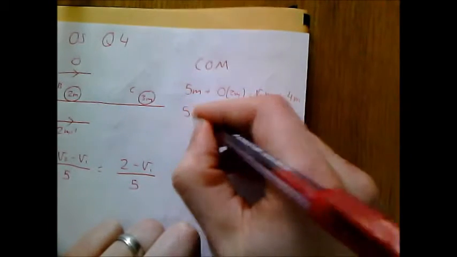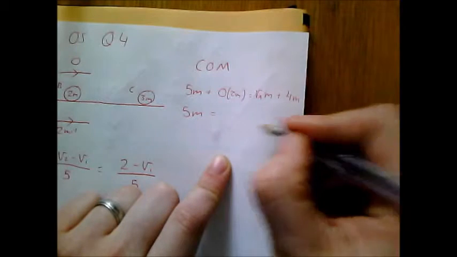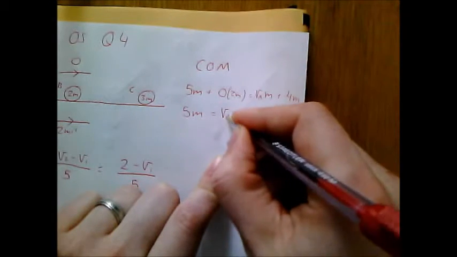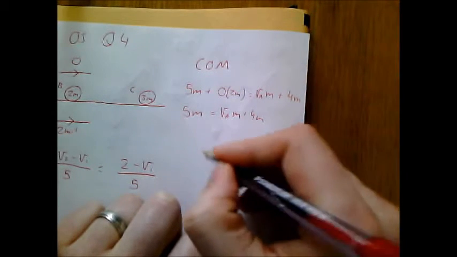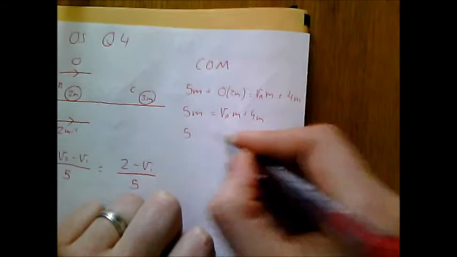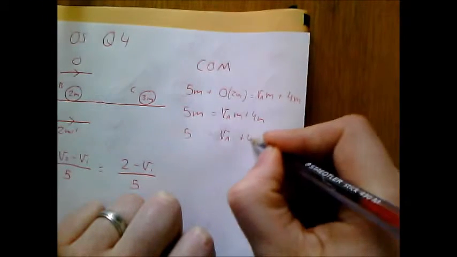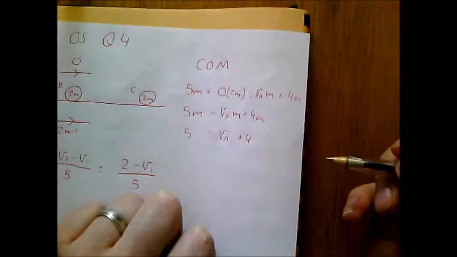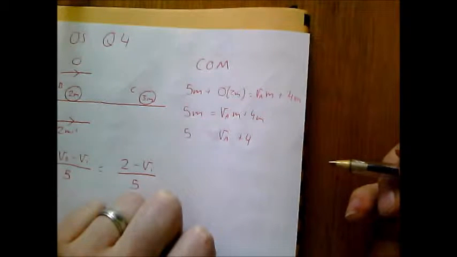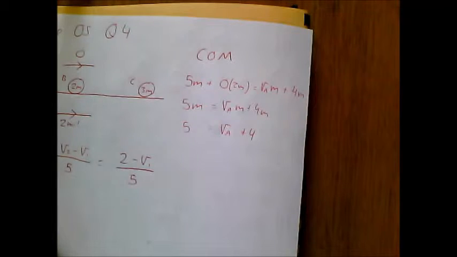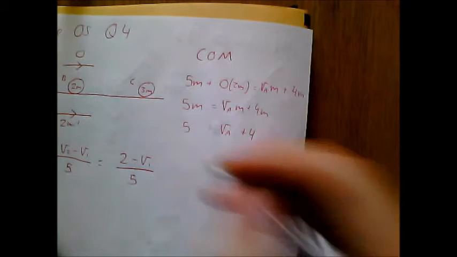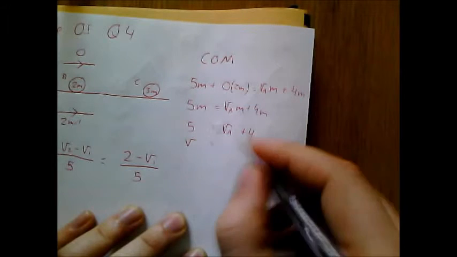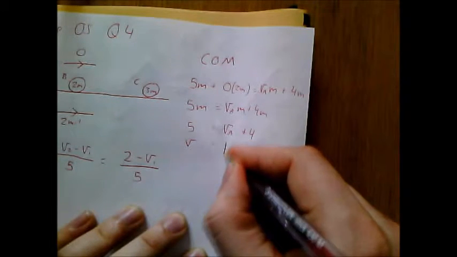So this simplifies to 5m equals VAm plus 4m. Dividing through by m, we get 5 equals VA plus 4. The velocity here is therefore 1 meter per second.